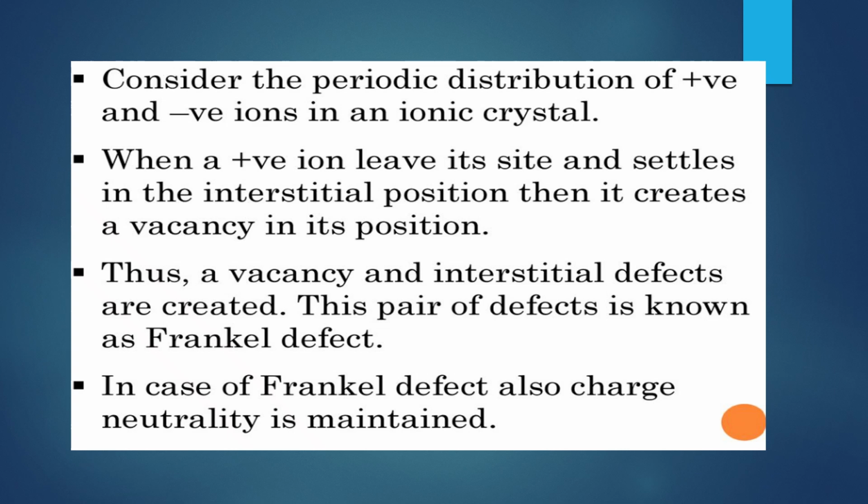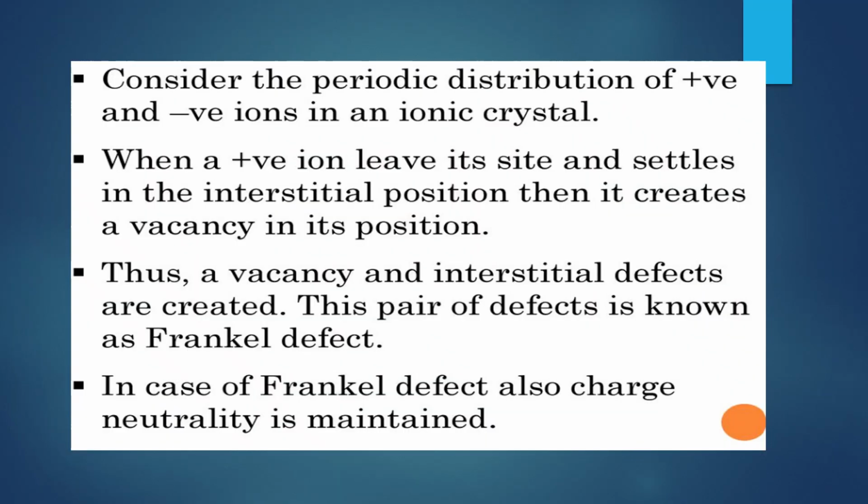When a positive ion leaves its site and settles in the interstitial position, then it creates a vacancy in its position. Thus, a vacancy and interstitial defect are created. This pair of defects is known as Frenkel defect. In case of Frenkel defect, charge neutrality is maintained.